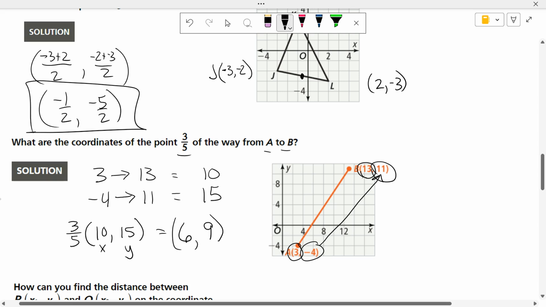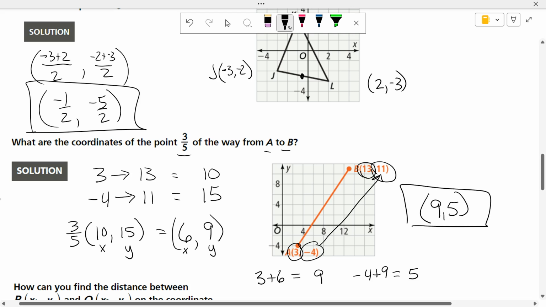The 6, 9 isn't the right answer, though. That's how far we go. Okay? So then this is how far we go in the x, this is how far we go in the y. So we take 3 plus 6, which is 9 for our x. We take negative 4 plus 9, which is 5 for our y. And the answer is 9, 5. 9, 5 is 3/5 of the way from A to B.